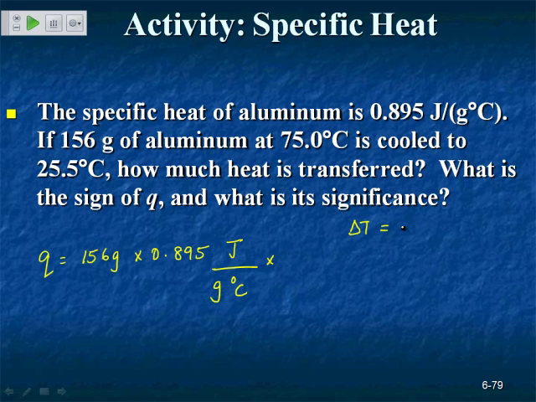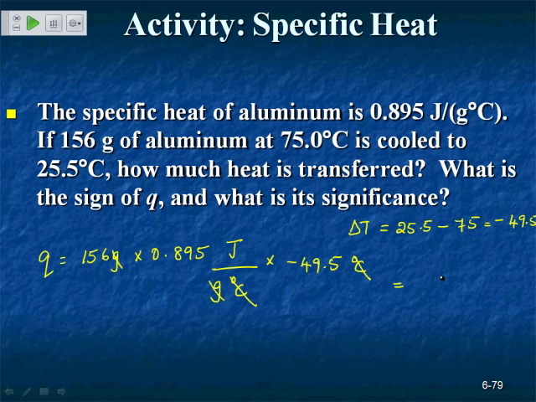So initial temperature is 75, final temperature is 25.5. So 25.5 minus 75, which would give you negative 49.5. So negative 49.5 degrees Celsius is the delta T. So degrees Celsius, grams, grams cancel, and you should have the answer in joules.